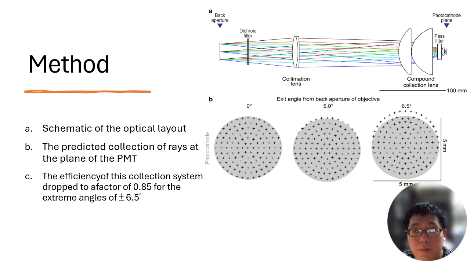And you can see picture B. The efficiency of these collection systems was considered up to an angle of approximately 5 degrees and dropped to a factor of 0.85 for the extreme angles of 6.5 degrees.